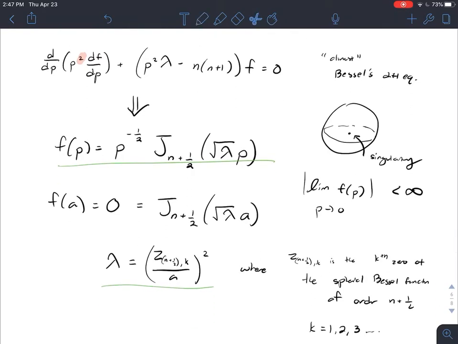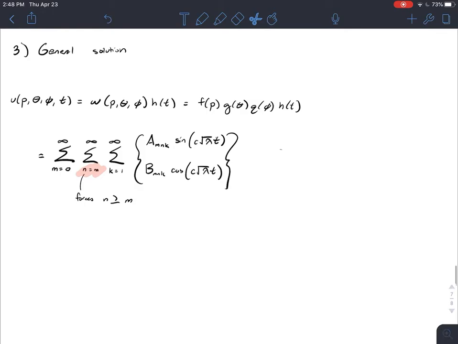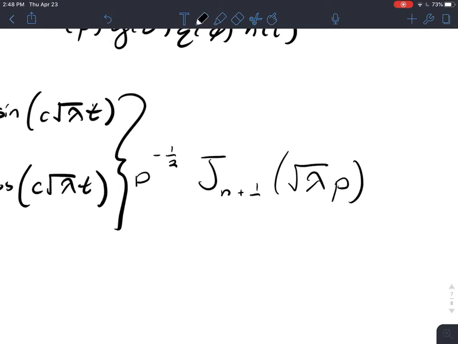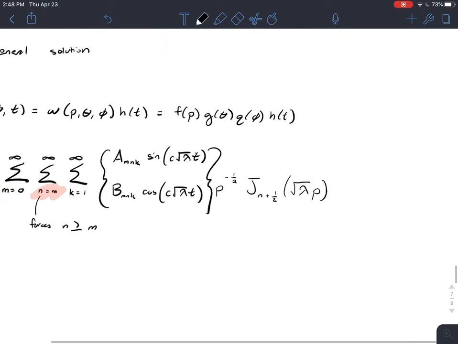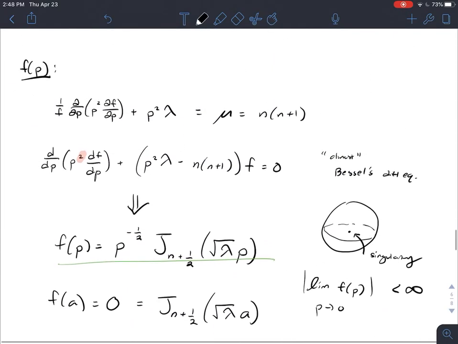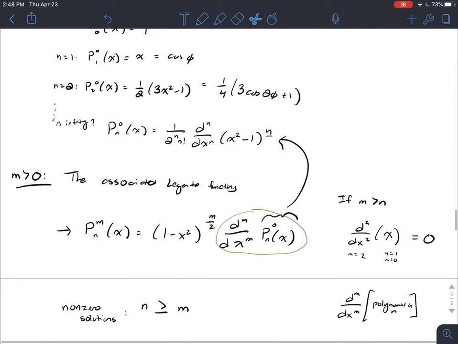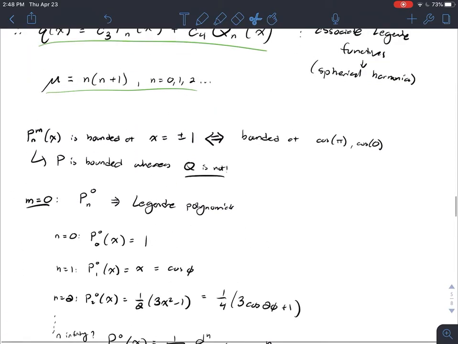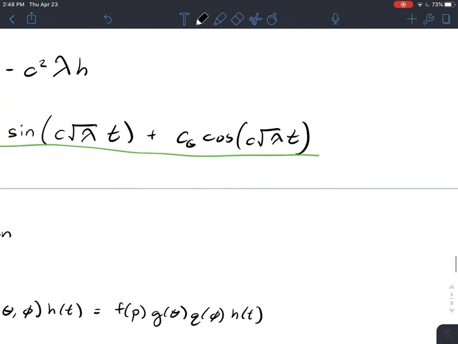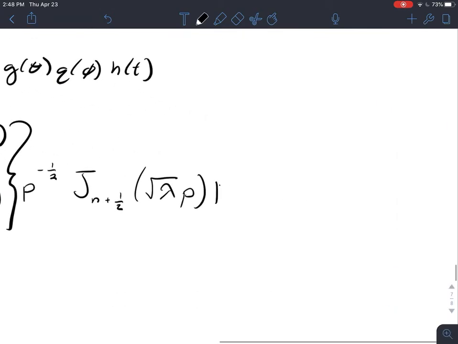So now we have to get our f of rho terms. Let's just copy and paste this down. Quickly correct this: rho to the n plus 1/2. Then we also need our Legendre polynomials, which we can denote with P sub n, m, of cosine phi.